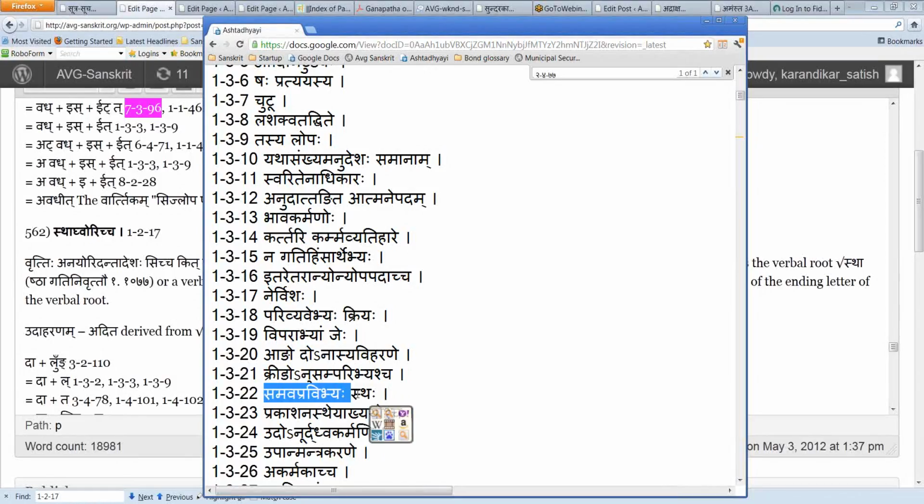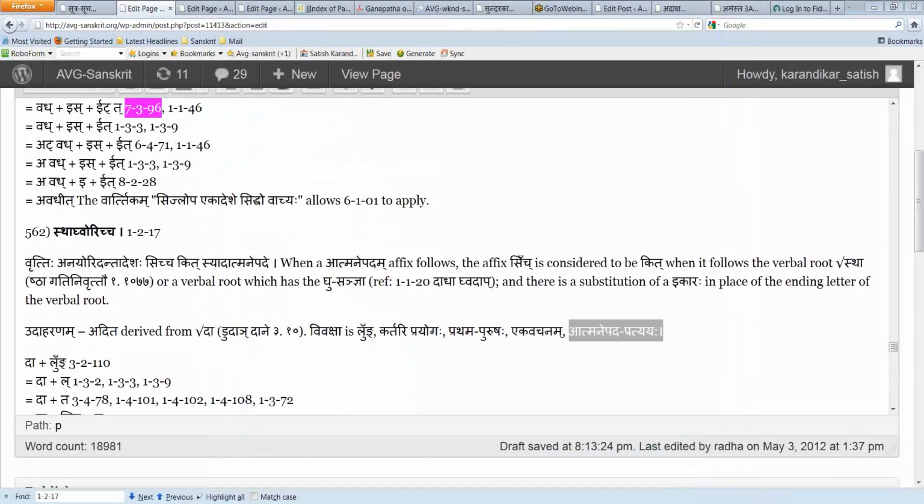So these special rules, which come from 1322 up to 26, talk about Atmanipadam following stha. So don't think that the mention of this Dhatu Stha is Nishprayojam. Of course it is not. But in case you're wondering why it is like that, it is because Stha can take Atmanipadam in special circumstances.